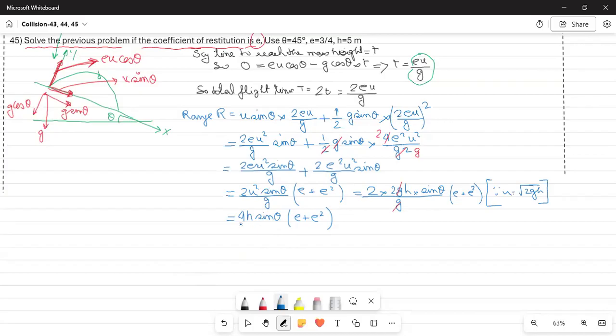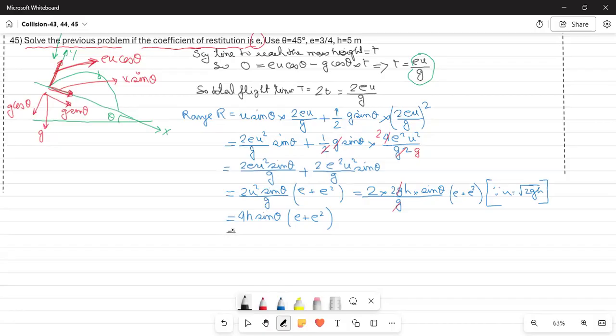So this equation becomes 8h sin theta. Remember that it was the same answer, 8h sin theta, in the last problem when the collision was said to be perfectly elastic. So this is this.